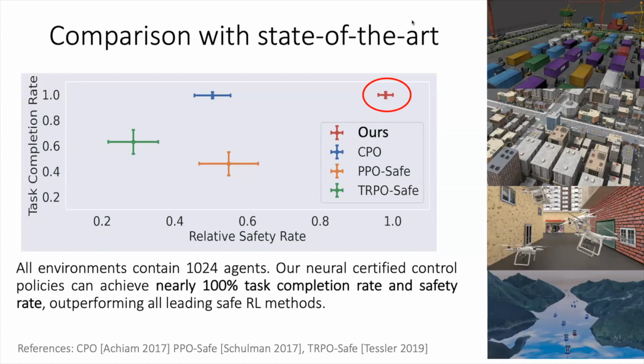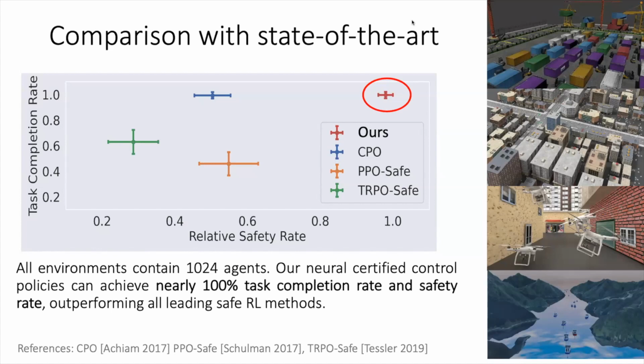There are a couple of reasons it's not perfectly 100%. One is, of course, this is training, so depending on the architecture you have selected or the training samples you have collected, it may not be the perfect one. Another reason is there are unconstructed uncertainties, disturbances that we didn't consider in training.